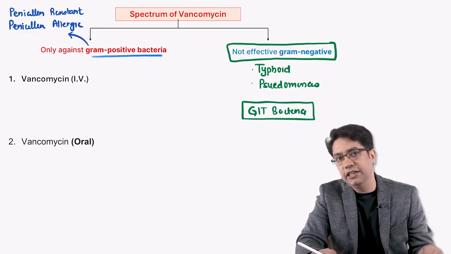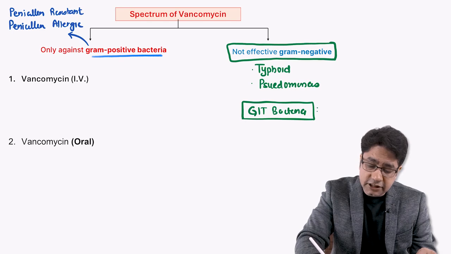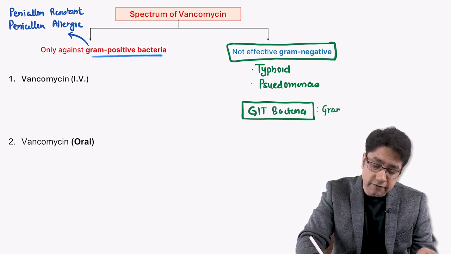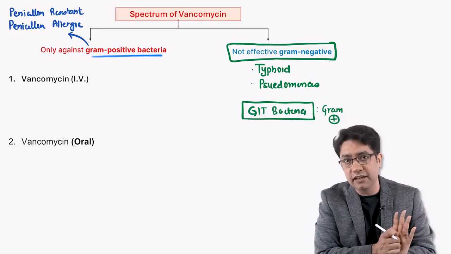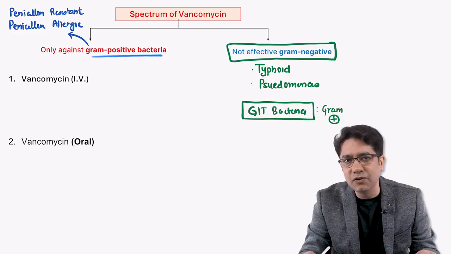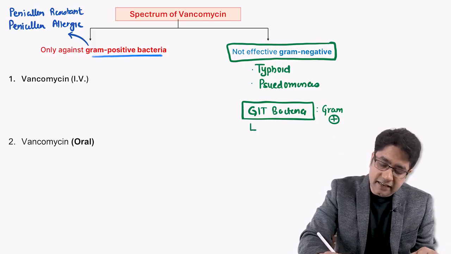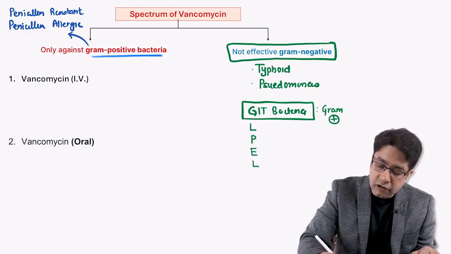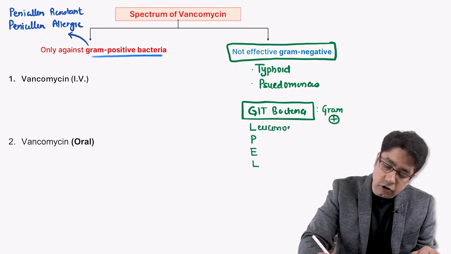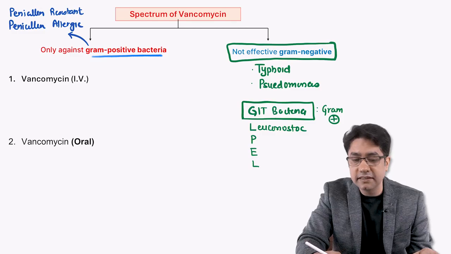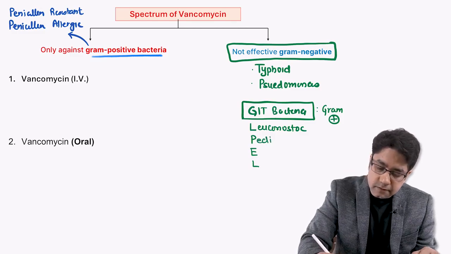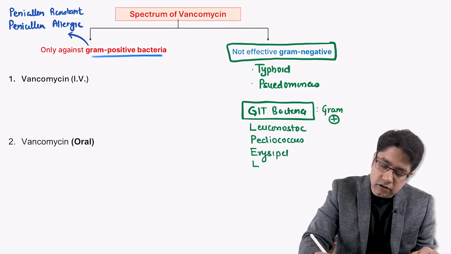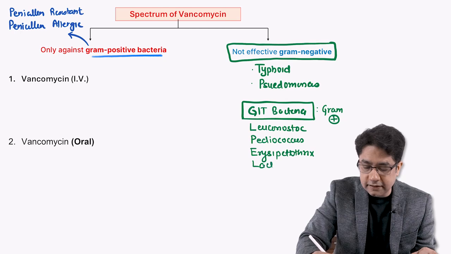So there are certain GIT bacteria, and these GIT bacteria are gram-positive. Although they are gram-positive, still they are resistant to vancomycin. So these bacteria, once they have been asked, and I will tell you the importance. L for Leuconostoc, not effective or not killed by vancomycin. Pediococcus, Erysipelothrix, and Lactobacillus.